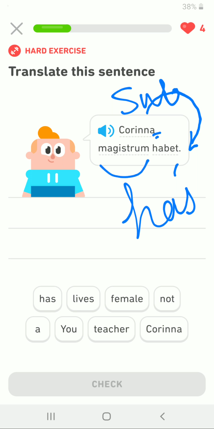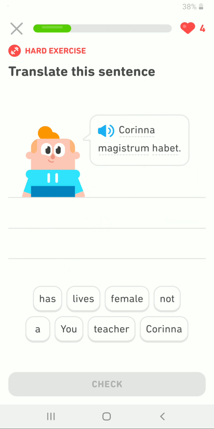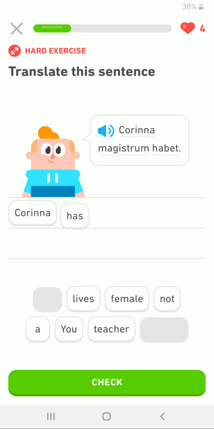Magister, we know what is magister. It is a teacher. So Corinna has, this is the object, subject, object. So magister becomes magistrum. This is something we have already seen. So Corinna has a teacher.